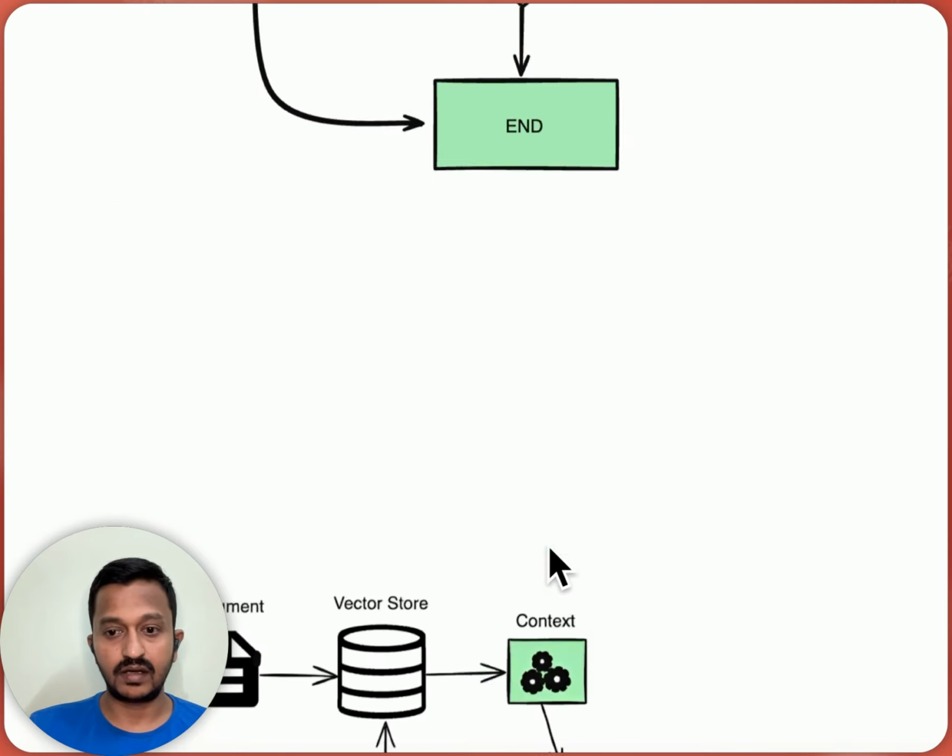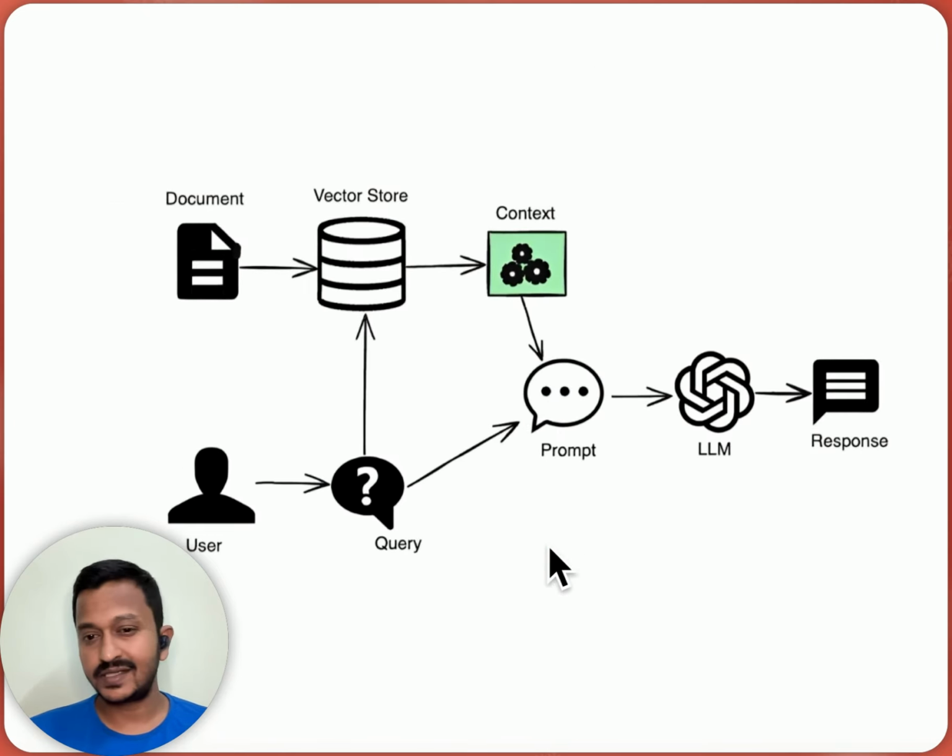So if you see your traditional RAG approach, it's kind of simple. There is no use of any AI agents, right? Your documents, the custom knowledge, get stored in a vector store or vector database in the form of vector embeddings. And when any user query comes in, it goes through the vector database using vector search to find the relevant chunk. And now that you have the context and prompt, it goes through the LLM to respond back to the user.